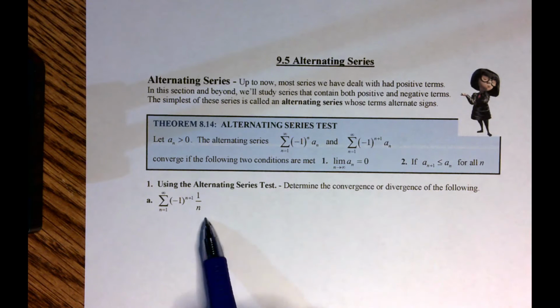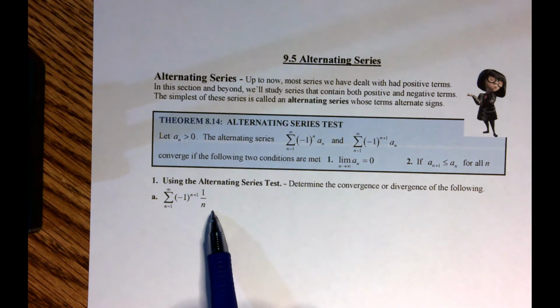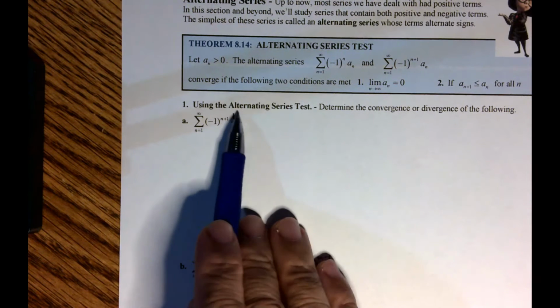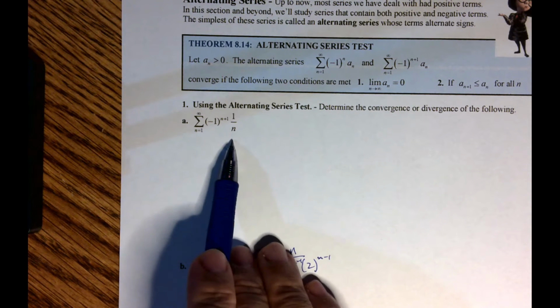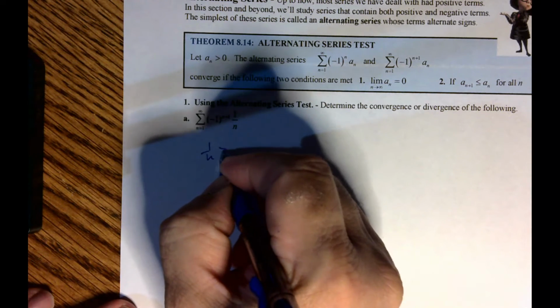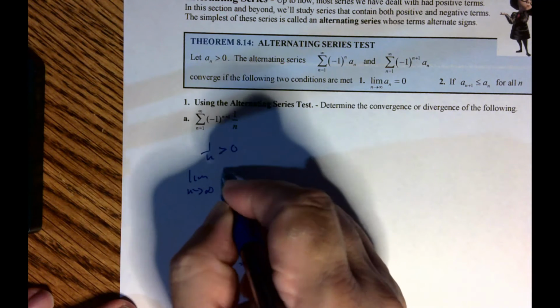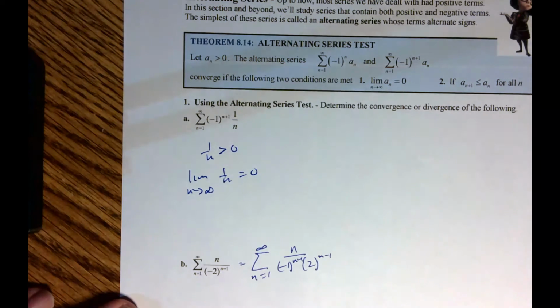So 1 over n, we know that's decreasing because if you take the derivative of that, that'd be -1 over x squared. So that's always decreasing. Yes, the 1 over n is positive. The limit is going to 0. So we're going to say 1 over n is positive, and the limit as n goes to infinity of 1 over n equals 0.